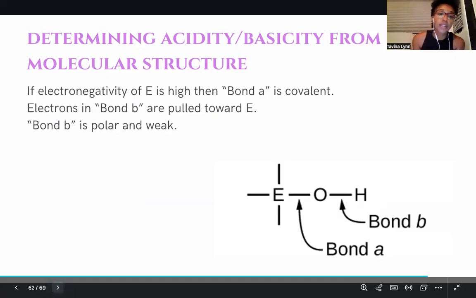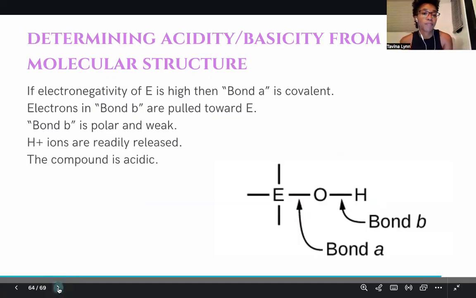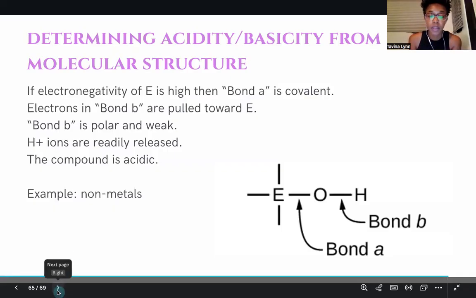So the electron density will be pulled from bond B, releasing H pluses into solution, thereby making the compound acidic. Examples of such compounds are nonmetals. Nonmetals tend to be higher in electronegativity, and so they would be acidic.